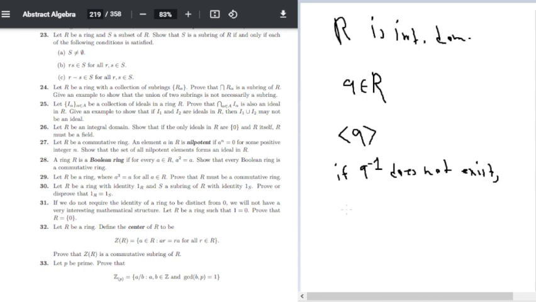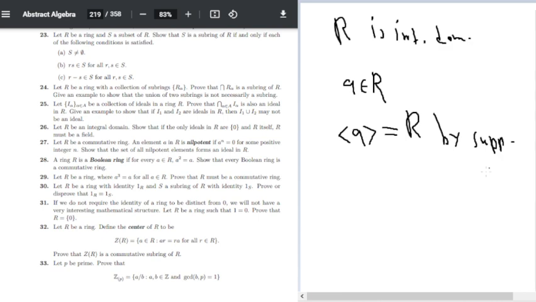Alright. So, okay, we have the case by supposition, which means that B times A is equal to 1.